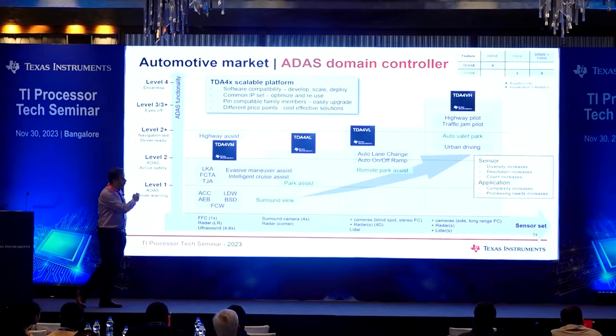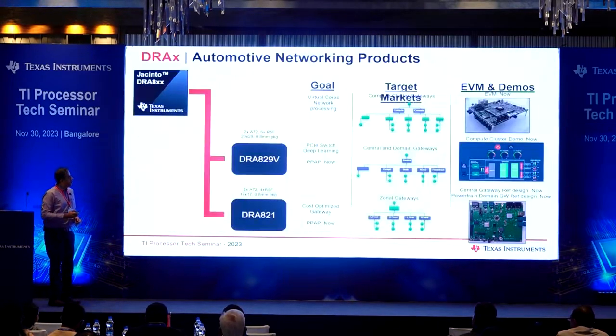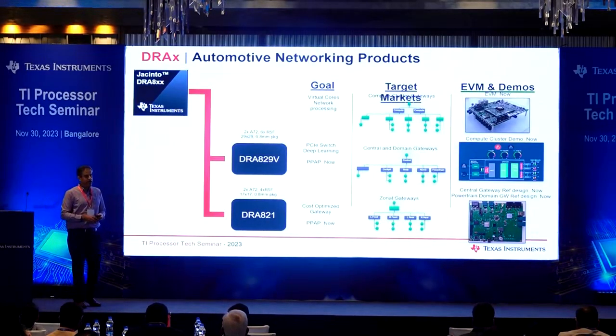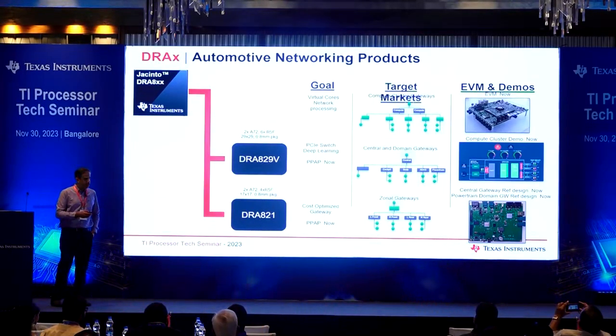There are only 4 products listed here on the slide, but these are just product families. Within each of these product families, you've got various devices at different cost points to suit your application needs. On the networking side, we've got the DRA line of products. These SoCs are essentially the DRA829 and the DRA821.